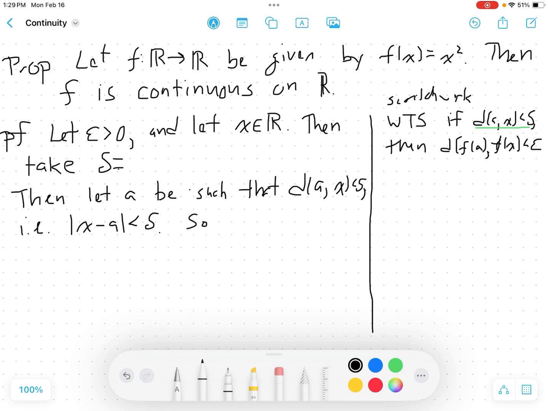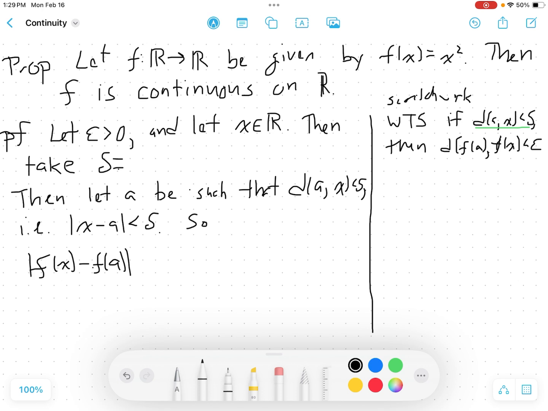So I'm going to start off with the distance between f of x and f of a, which in this case will be the absolute value of f of x minus f of a. Even if we were to have flipped those, it wouldn't change the ultimate proof.